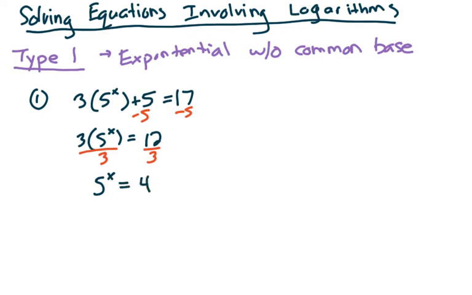Now what we were able to do previously is to rewrite these with the same base to set the exponents equal. Now here, 5 to the x, 5 can't be written as a power of 4, and 4 can't be written as a power of 5. So here, what we're going to have to do is write this in log form.